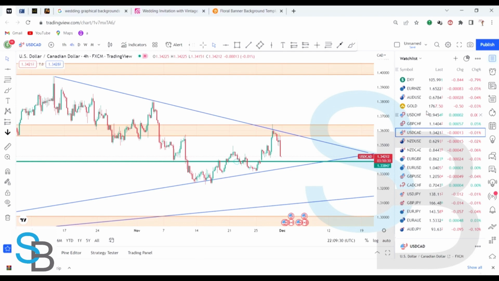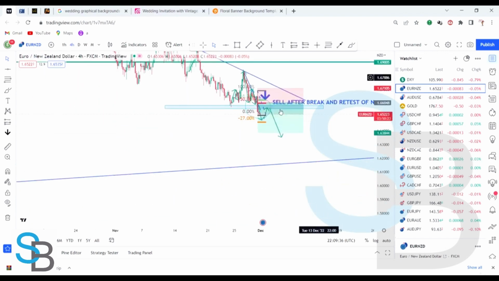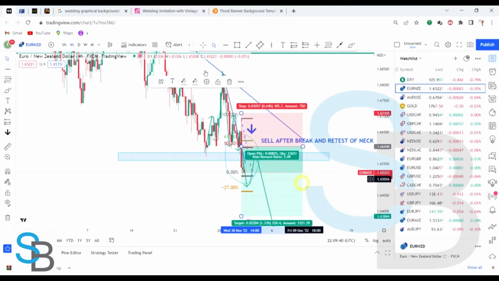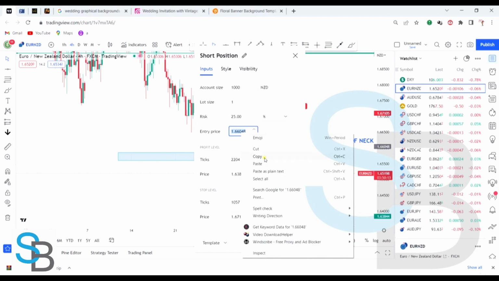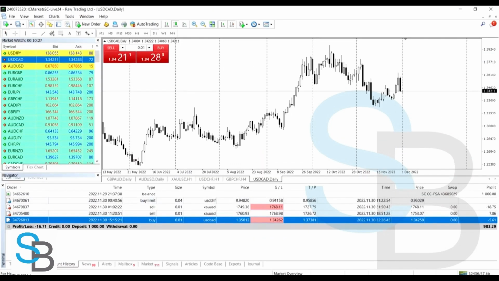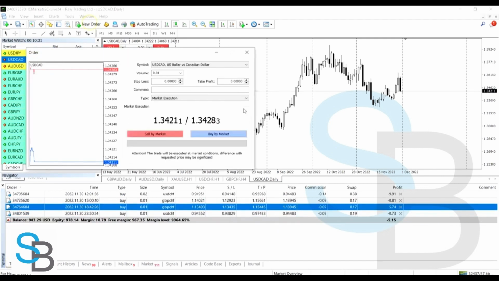So let me just go and place my trade. So Euro NZD, where is it? Just select and double click, and entry price, copy, and then come to my trading platform. Okay, and create a new trade.